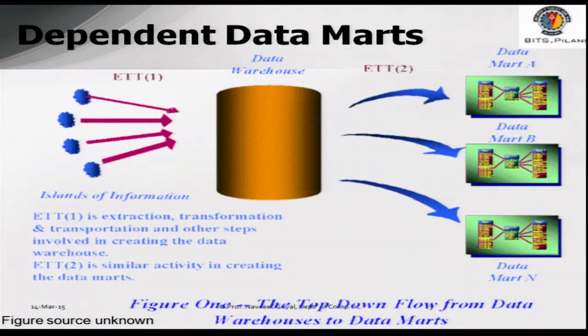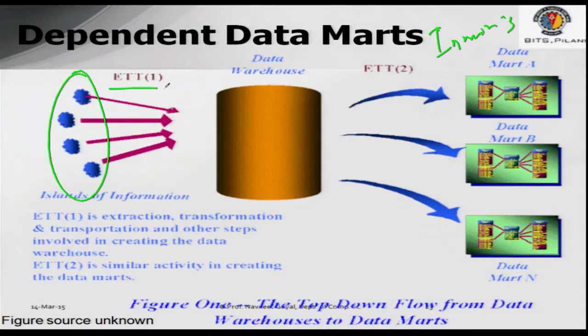So this is a dependent data mart. So dependent data mart is basically the Inmon's approach. So you can see that these are my source systems, and I do an ETL or ETT. ETL and ETT are used interchangeably. ETL stands for extract, transformation, load, and ETT stands for extract, transformation, and transfer.